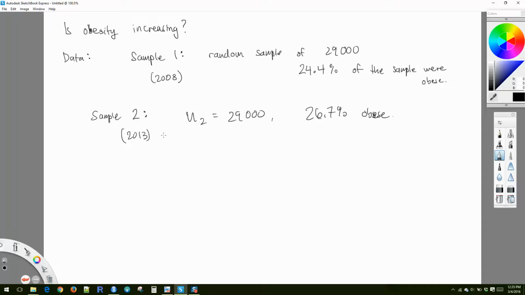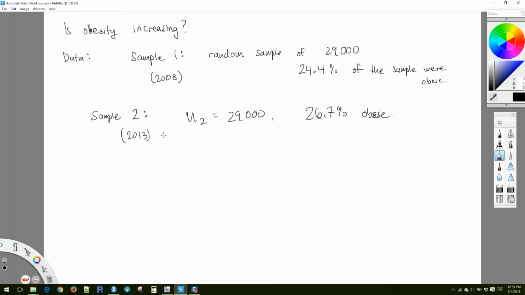So effectively, n1 is 29,000, and p-hat 1 is 24.4%.